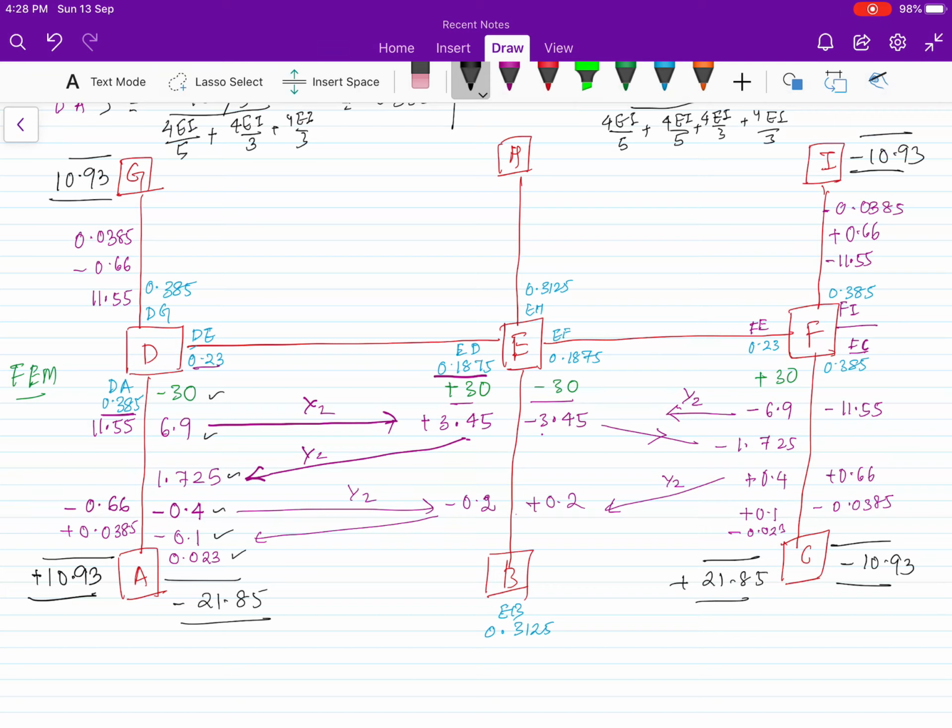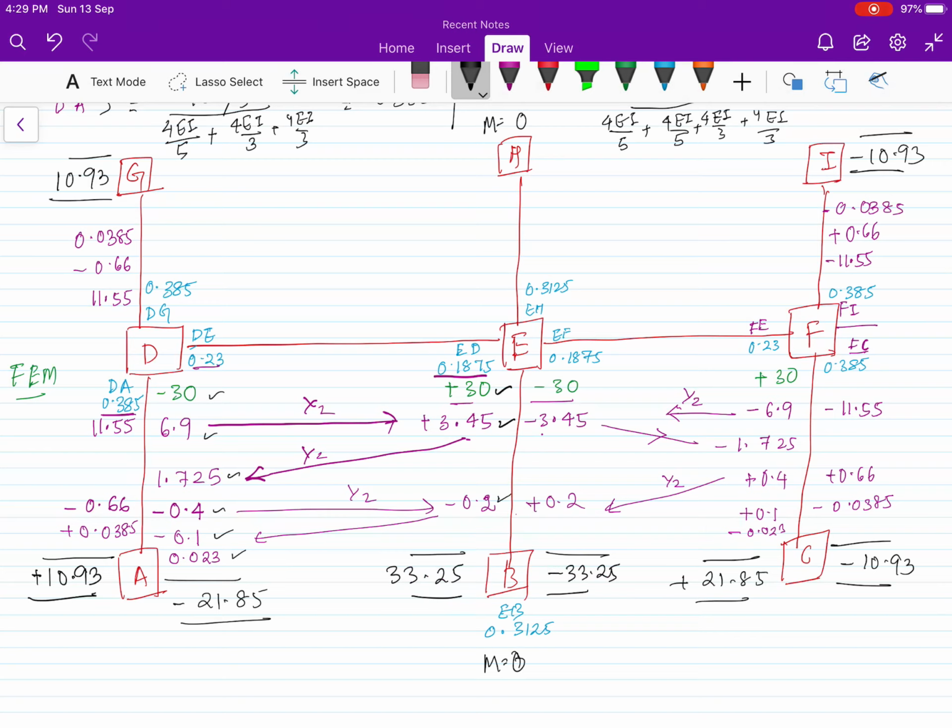And if you see EB here in this column, the moment is 0. Okay, here the moment for this interior column is 0 due to the vertical load, because it cancels out. Then coming to the moment at the ED beam, so plus 30 plus 3.45 minus 0.2. So we are getting 33.25. Here minus 33.25.